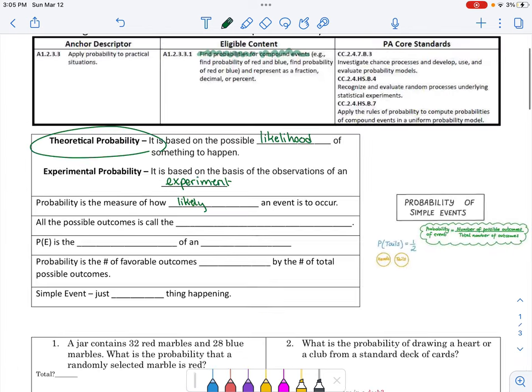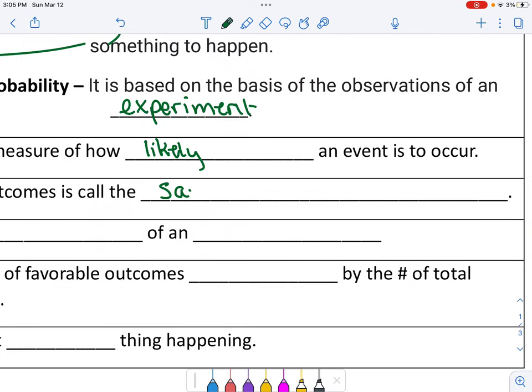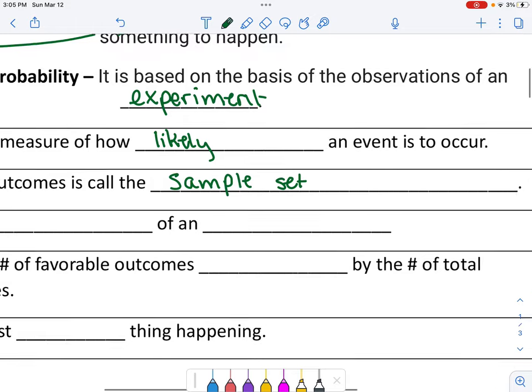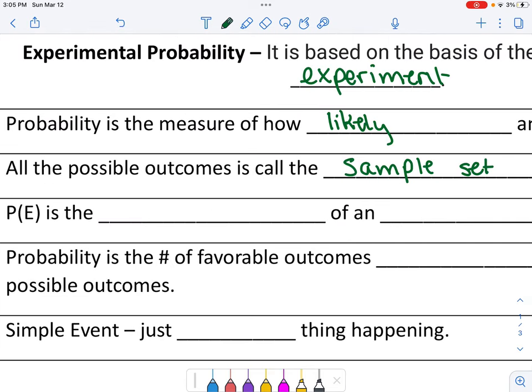All the possible outcomes is called the sample set. P(E) is the probability of an event.